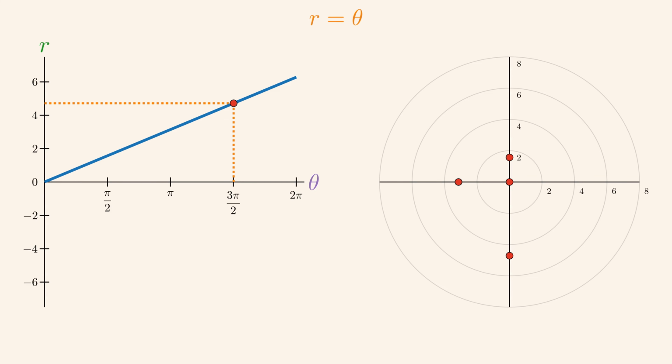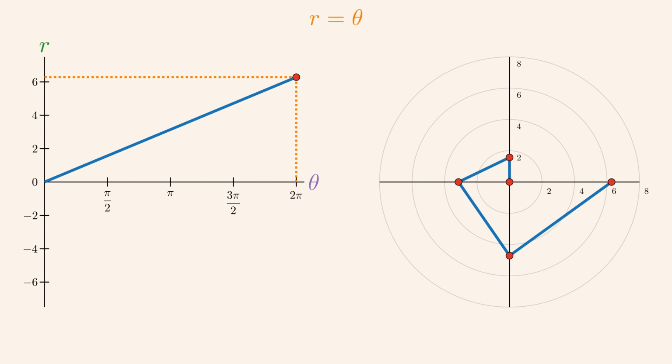Finally, we move on to 2 pi to get the final point for our sketch. Now we connect these polar points to create our sketch.